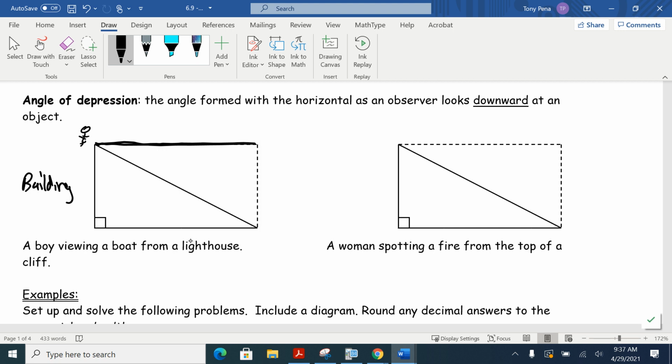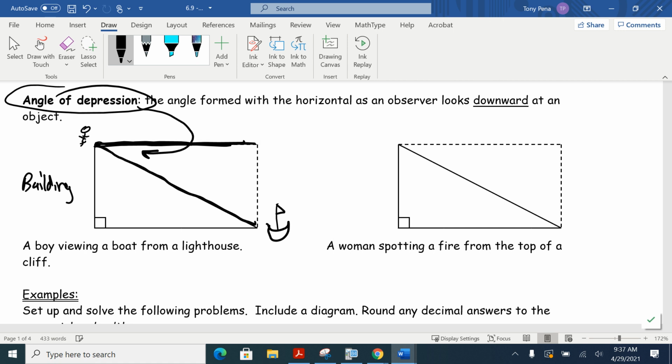If this is a boat, I'll draw a beautiful boat down here, and this kid's looking down at the boat, here's the horizontal. Here is the line of sight for this kid. The angle formed by the horizontal and his line of sight is this angle right there.